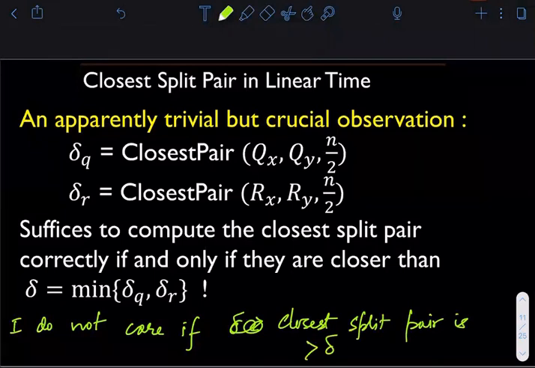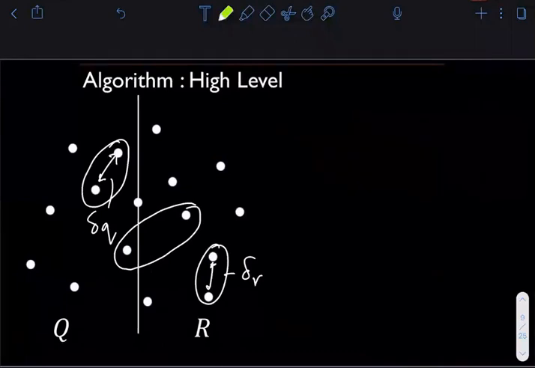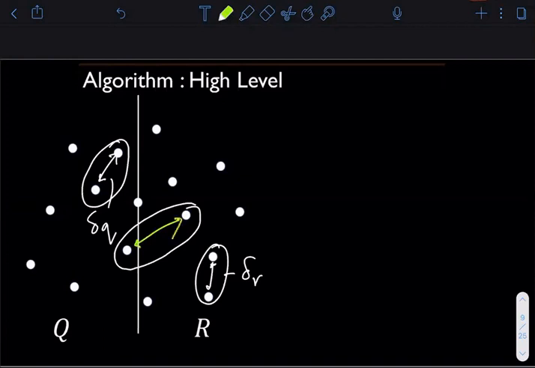Let's go back to this recursive picture. Remember, I have delta Q and delta R, and all I'm trying to do now is compute the distance between the closest split pair. The algorithm I'm going to give you is guaranteed to return the correct answer if this distance that I'm showing with green is smaller than both delta Q and delta R. If it's bigger than delta Q and delta R, then I cannot guarantee that the closest split pair subroutine will give me the correct answer.